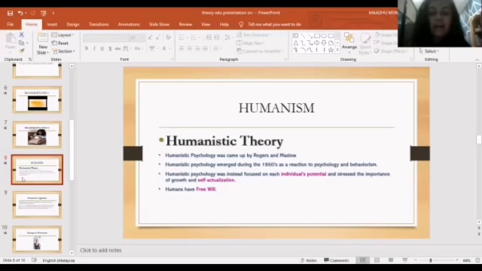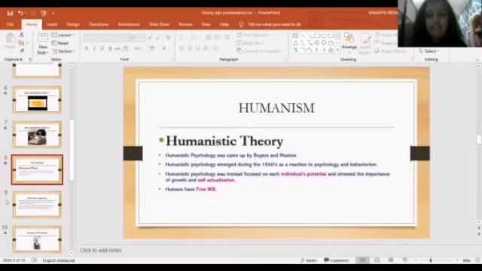Humanism theory, based on humanistic psychology, was put forward by Rogers and Maslow. Humanistic psychology emerged during the 1950s as a reaction to psychoanalysis and behaviorism. It focuses on self-actualization.